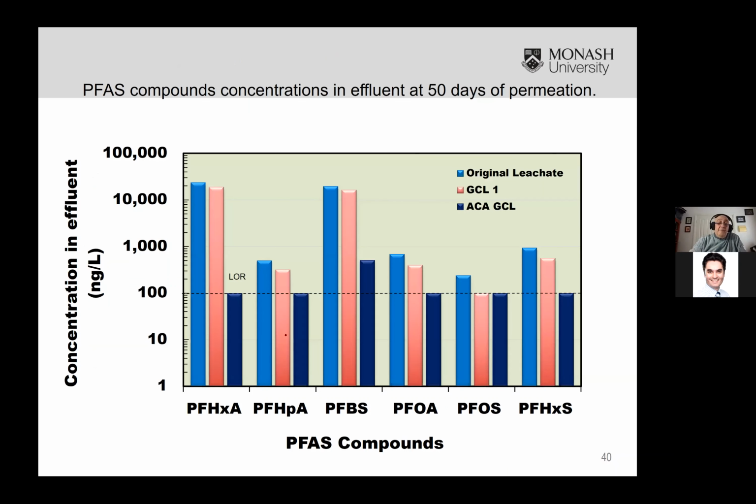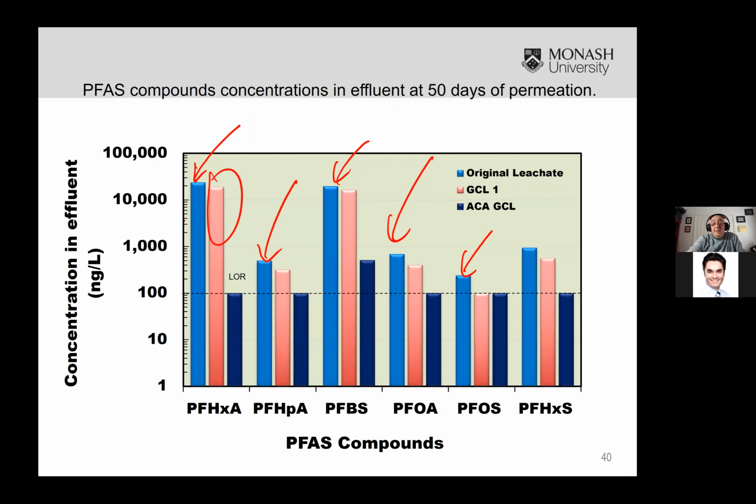So what you see in this slide is the range of concentrations for these different compounds. These are the concentrations in the leachate, therefore the original concentrations. What you see here are the effluent concentrations through the non-amended GCL after 50 days of permeation.